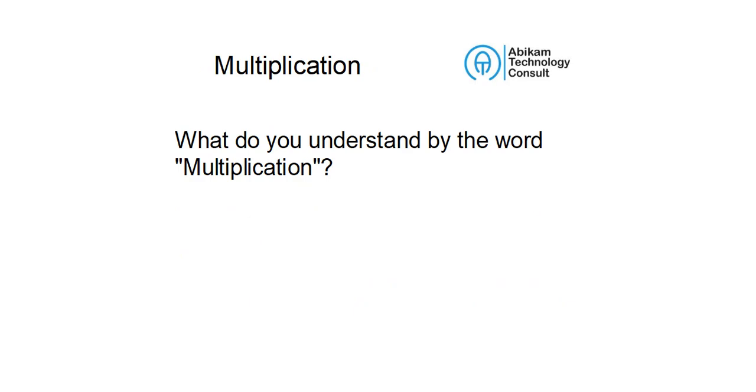So you may also have 30 plus 30 plus 30 plus 30 plus 30. How many copies of 30? 5 copies. And that is 5 times 30, which is 150. So that is the concept of multiplication.